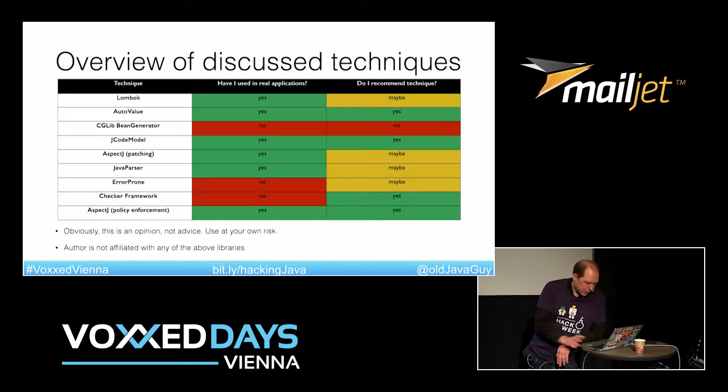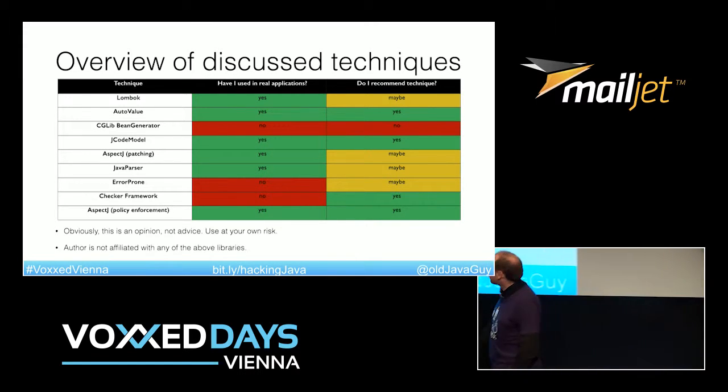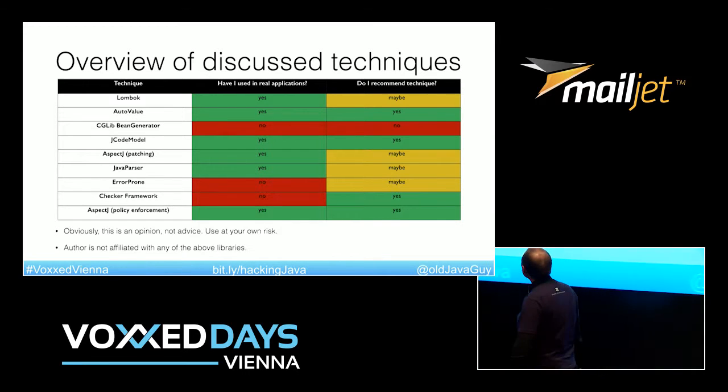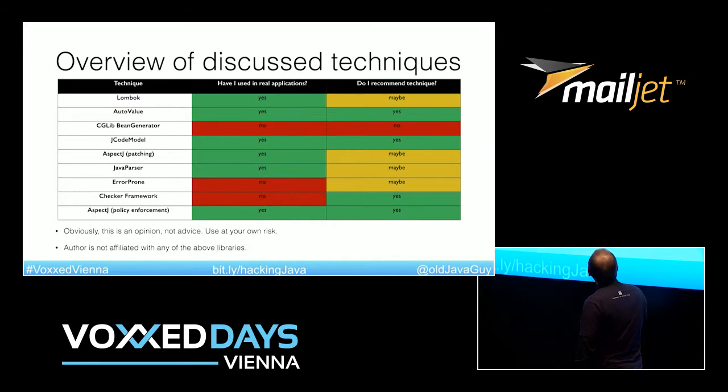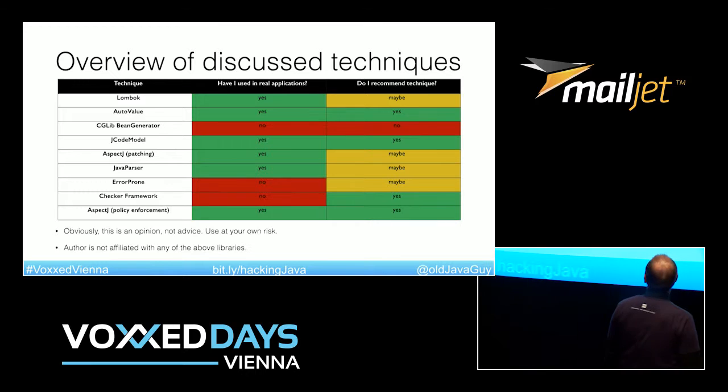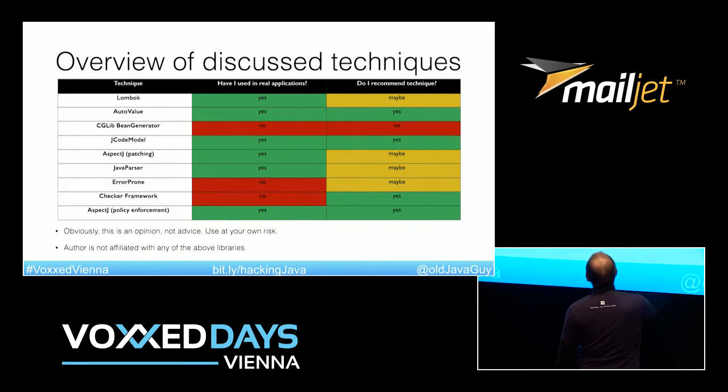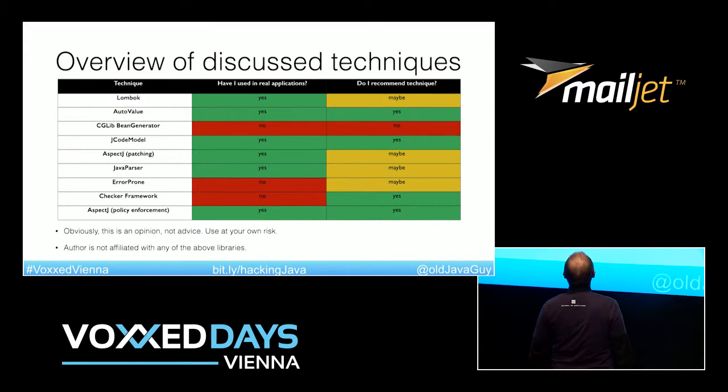So this wraps it up, and here's a little matrix of the things I've talked about. Green means I've used this in actual production, but that doesn't mean I will actually recommend it to you. Specifically, AspectJ is kind of like yesterday's news, but it's still sometimes interesting.